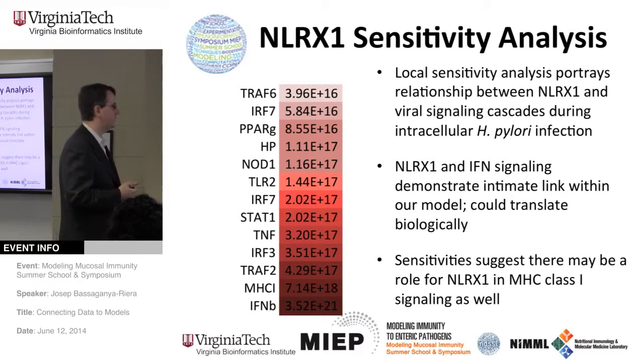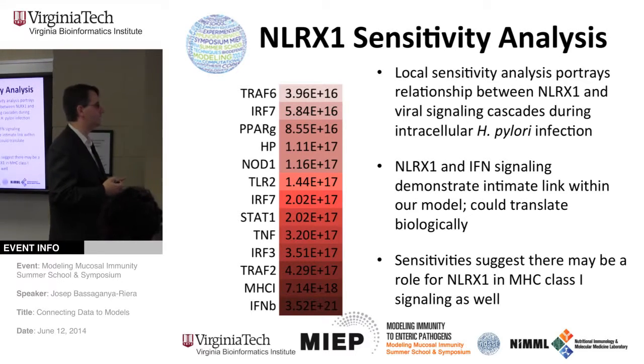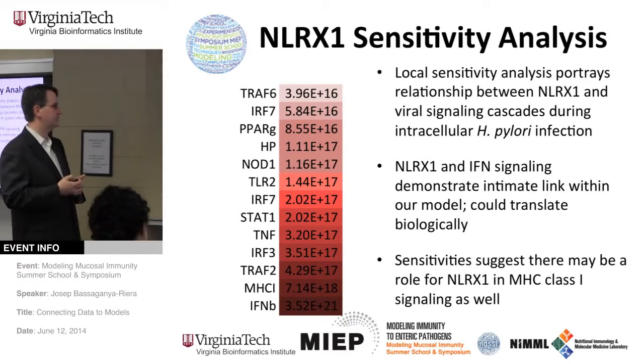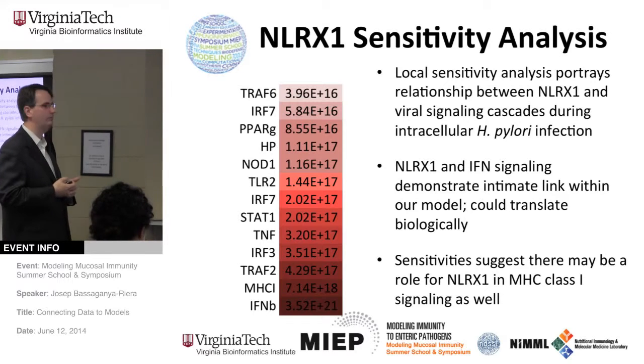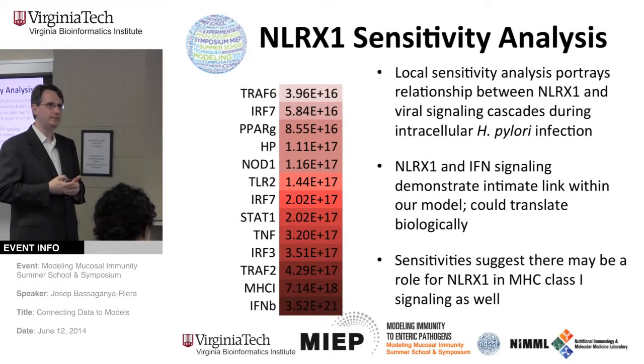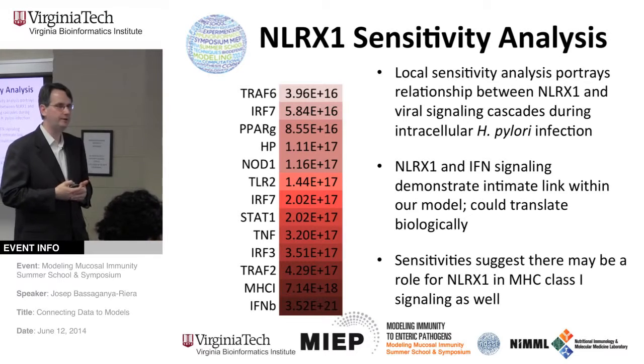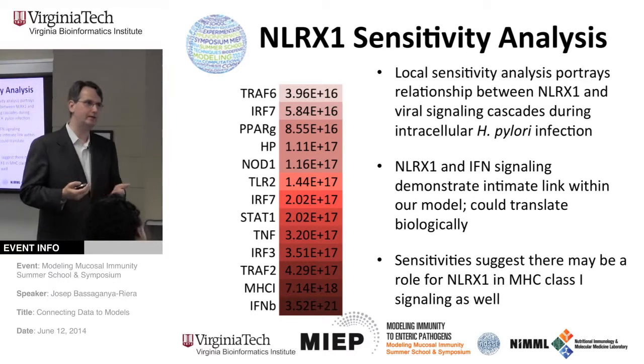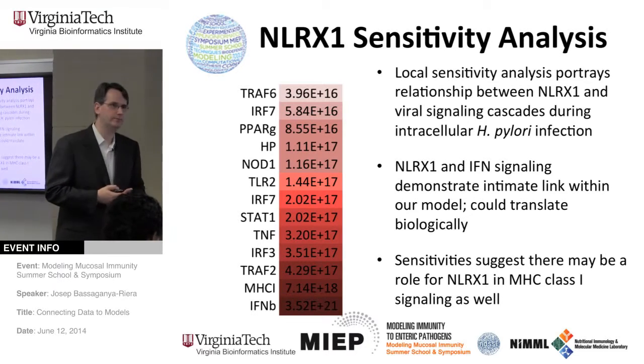We also see NLRX1 and interferon gamma signaling. That there's an intimate relationship within our model. And the sensitivity suggests that there may be a role for NLRX1 in MHC class 1 signaling as well. So the interpretation of this is that H. pylori has been viewed for decades as an extracellular bacterium.